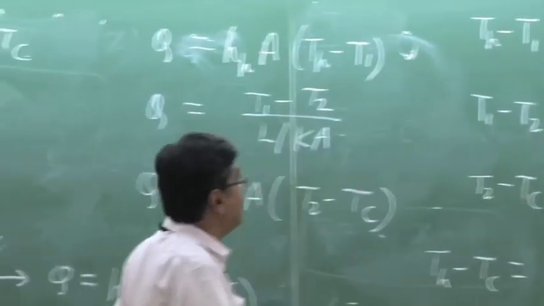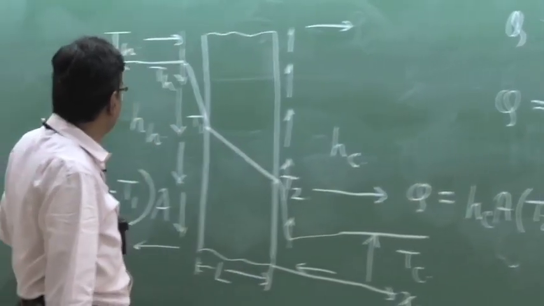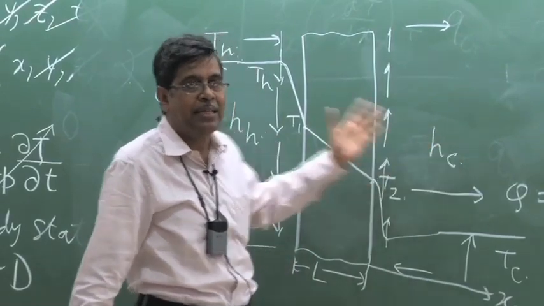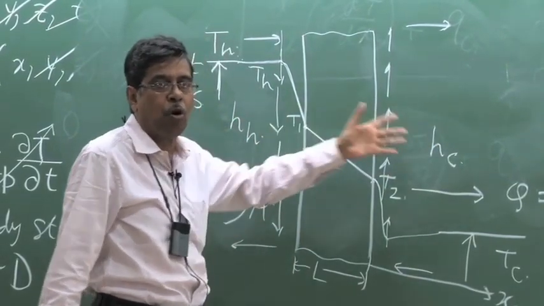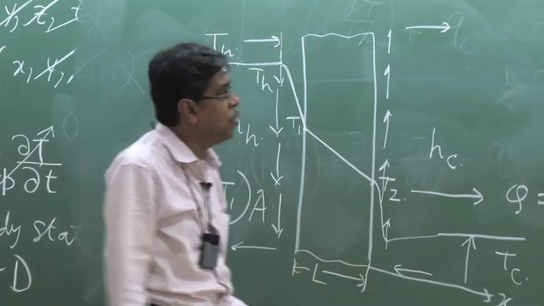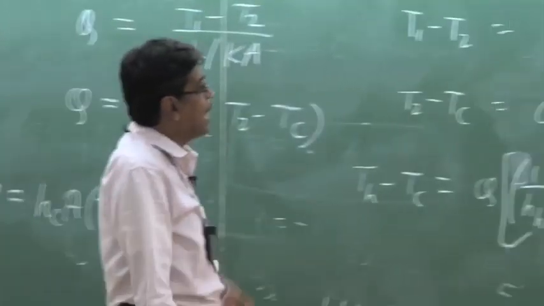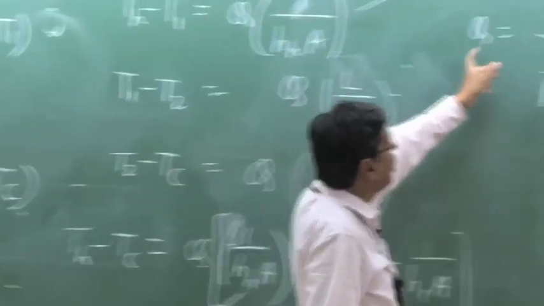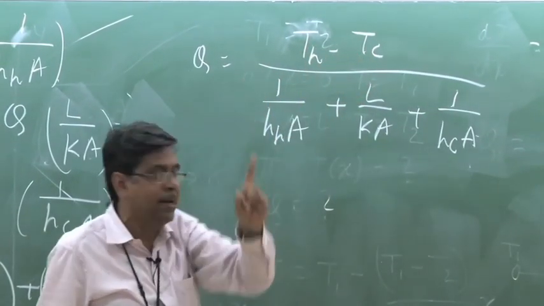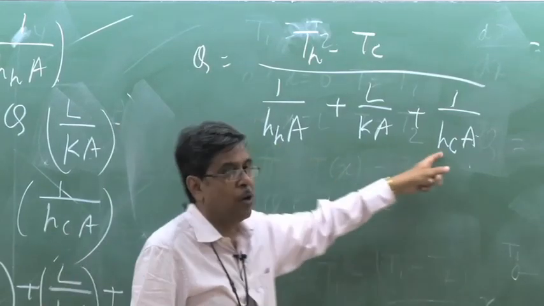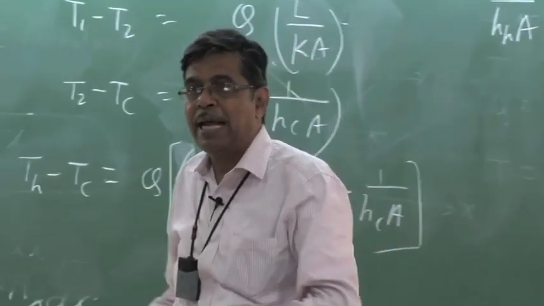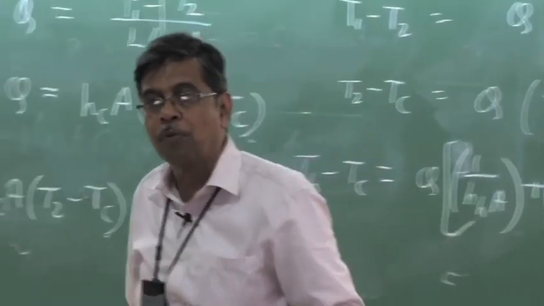That means if the problem is specified by the hot fluid on one side and cold fluid on one side, and the heat is transferred from the hot fluid to cold fluid via conduction due to the thickness of the wall, then I can find out the heat flux knowing only the hot fluid temperature and cold fluid temperature, provided I know the information about the heat transfer coefficient on the hot fluid side and the heat transfer coefficient on the cold fluid side.